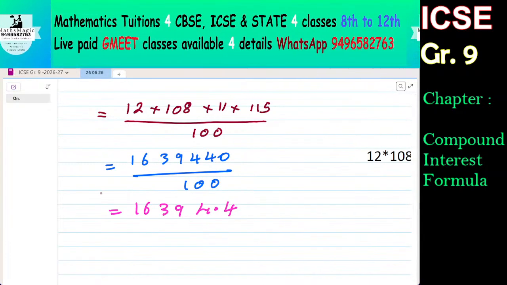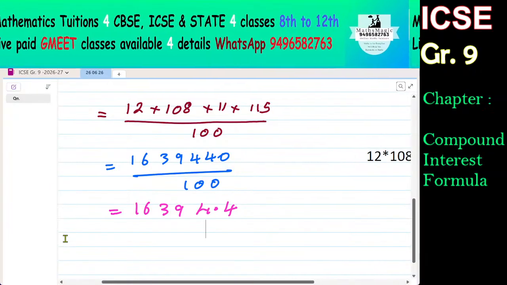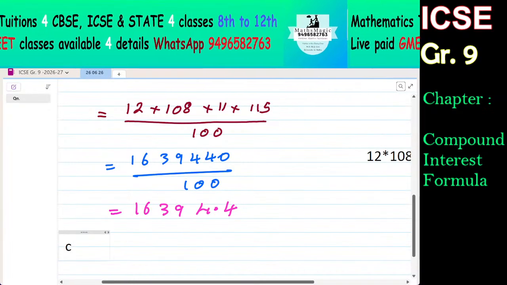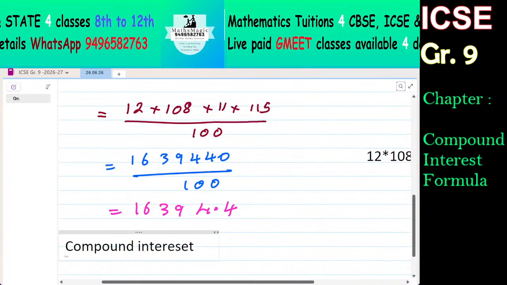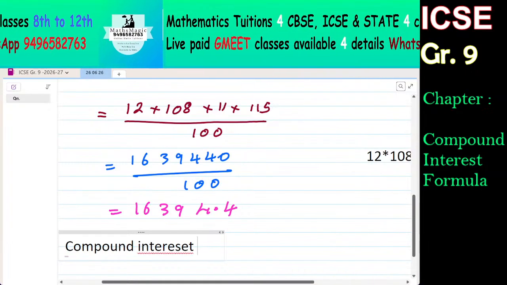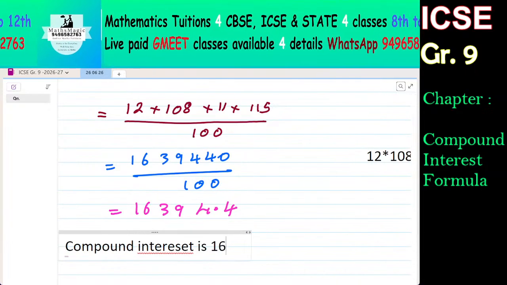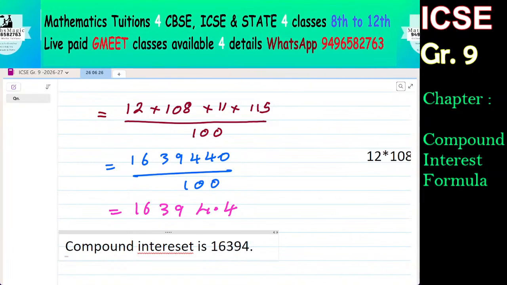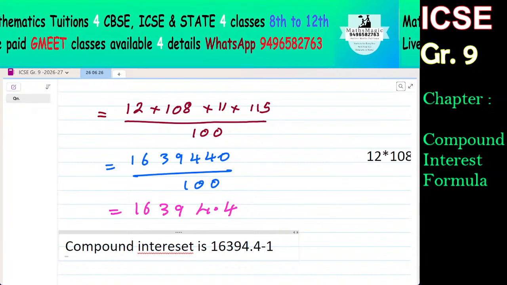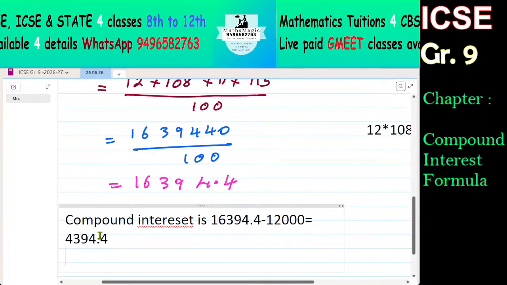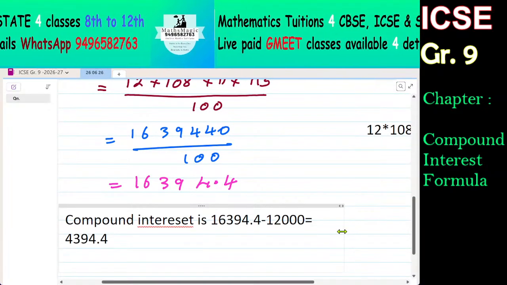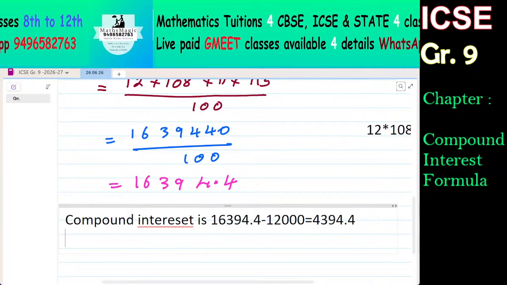So compound interest is 16394.4 minus 12,000. That is 4394.4.